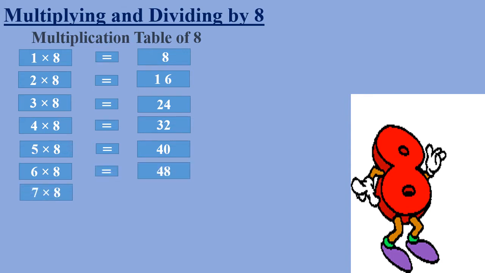Now 5 multiplied by 8. Same way you can use. 5 multiplied by 8, the answer is 40.